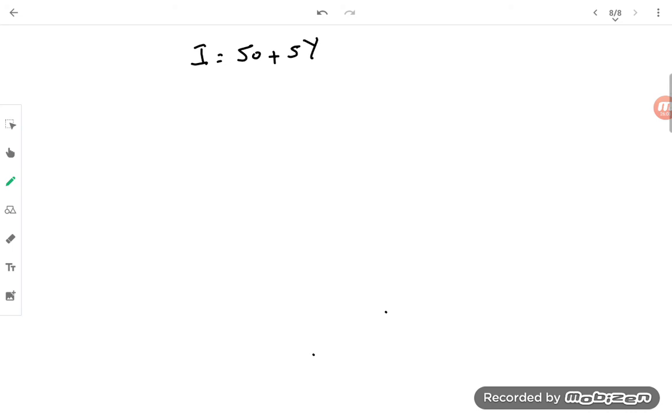I, which is the investment, and Y, which is GDP. Question number 2. Which variable needs to be explained? I is the dependent variable, the variable that needs to be explained. The rest of question number 2, which variable is the explanatory or the independent variable? GDP is the independent variable.